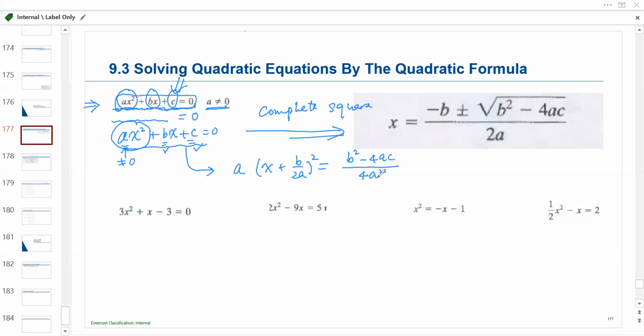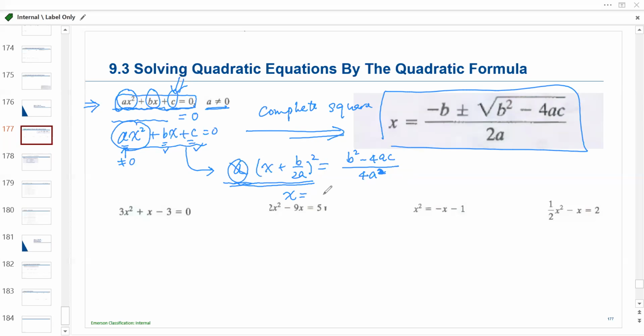Not 4a squared here. So all these squares can be transferred into this format, and when we move a to here, x can be transferred into this format. This is a very critical part, right?